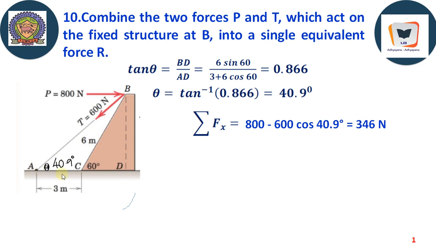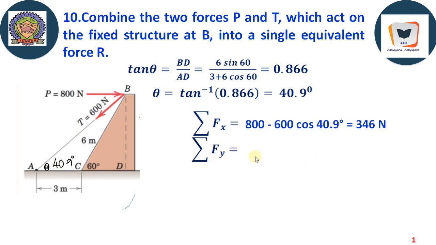And if it is 40.9 degree with respect to horizontal, this angle will also be 40.9 degree. Therefore, it is 600 cos 40.9 degree, it will be going in this direction. So the horizontal component of 600 Newton is going like this, therefore it becomes negative. So this is equal to 346 Newton.